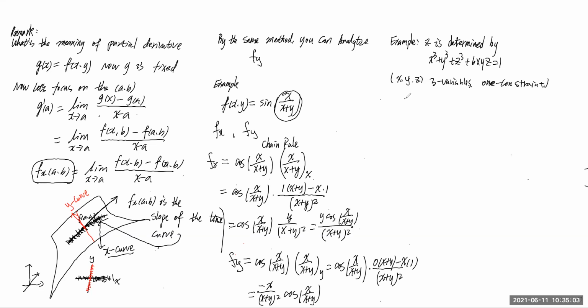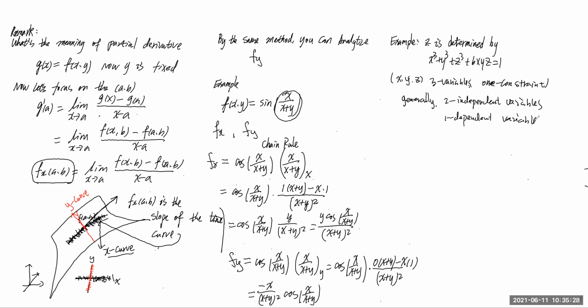After this, generally, we have 2 independent variables, 1 dependent variable, right? Because 1 constraint reduces the independent variables by 1.